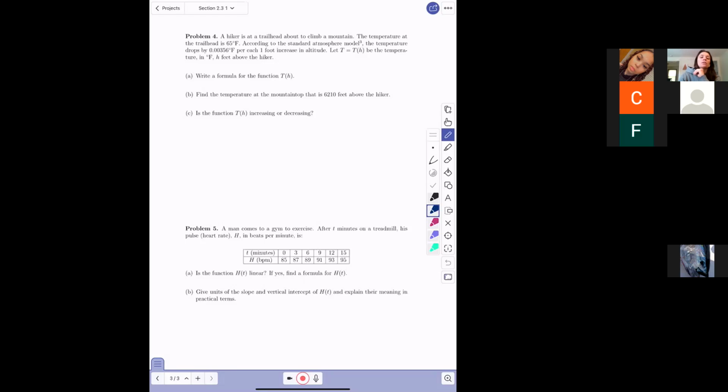All right, so this one's tricky because it doesn't seem like we're given much information, but if we think about it, we get all the information that we need. I think the easiest thing to pull out of this word problem is the slope. We're told that the temperature drops by this value per each 1 foot increase in altitude.